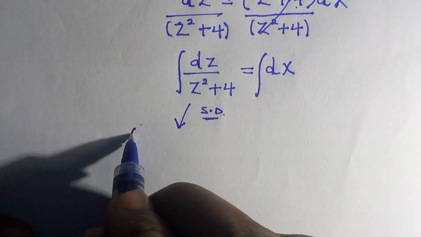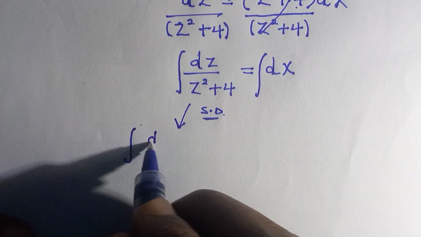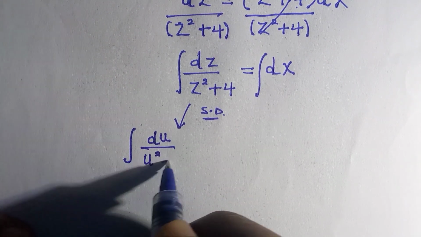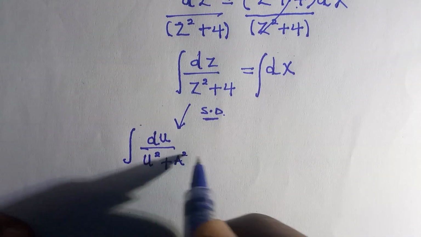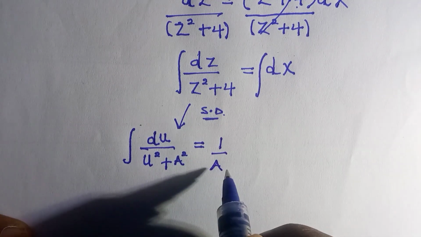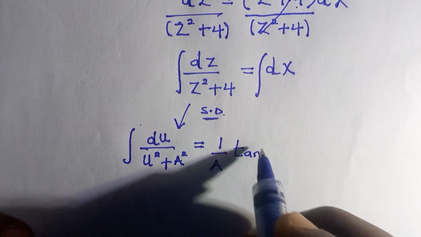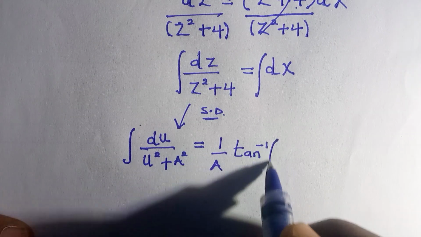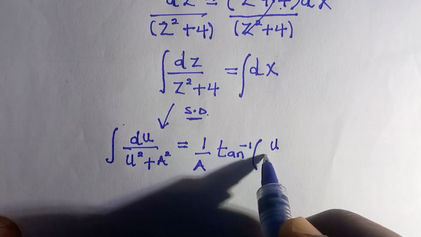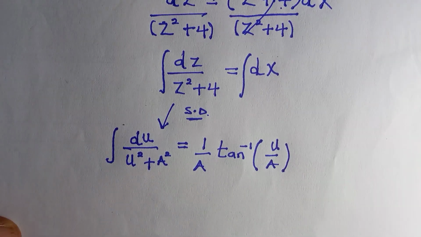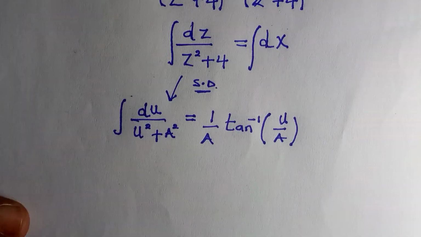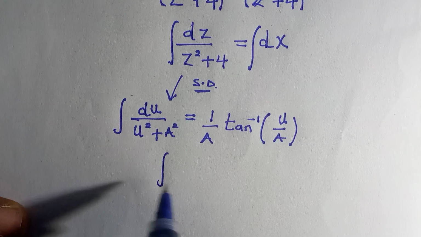If you have the integral of du divided by u squared plus a squared, this is equivalent to 1 divided by a, tan inverse of u divided by a. So here is the standard form. If you want to know how we prove it, drop it in the comment section so that I can make a video on it in the next class.